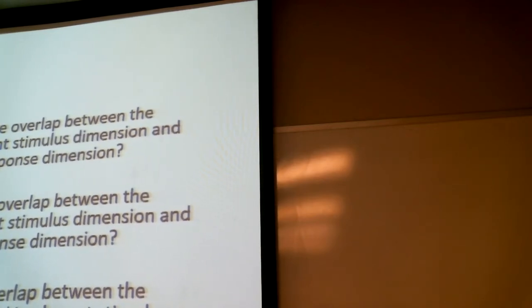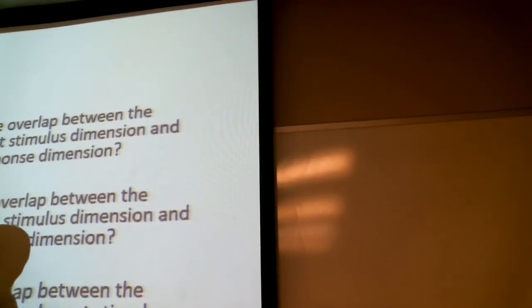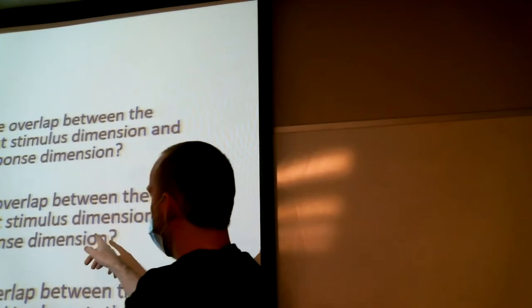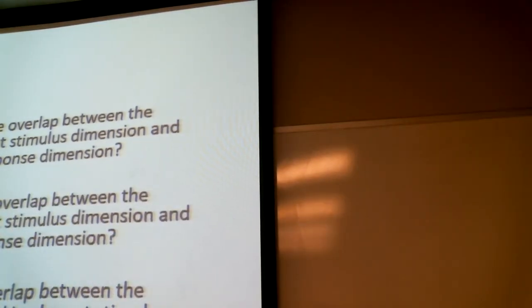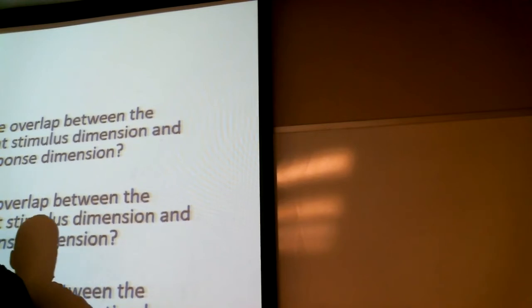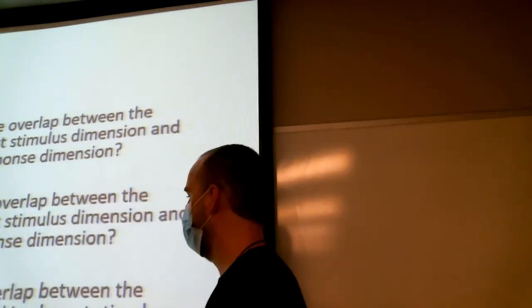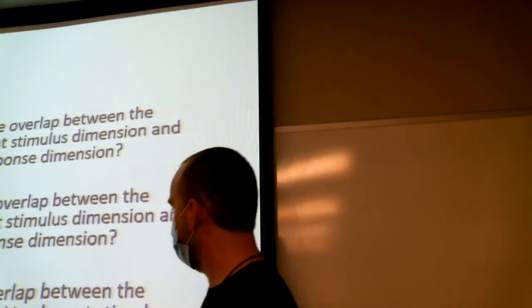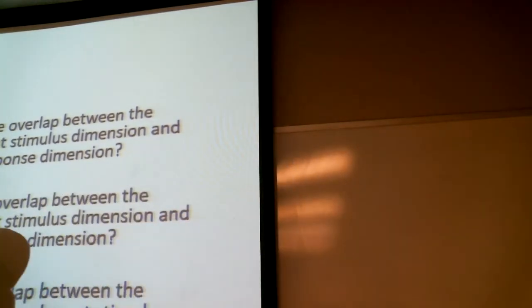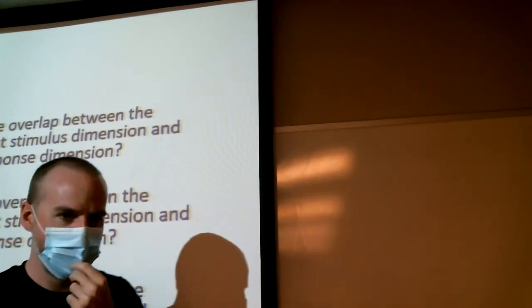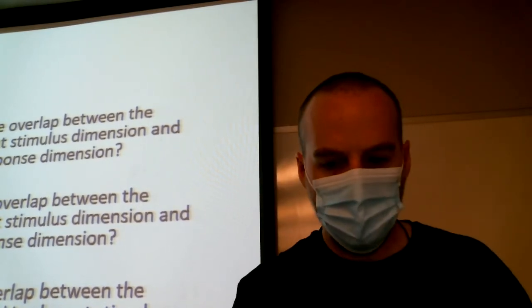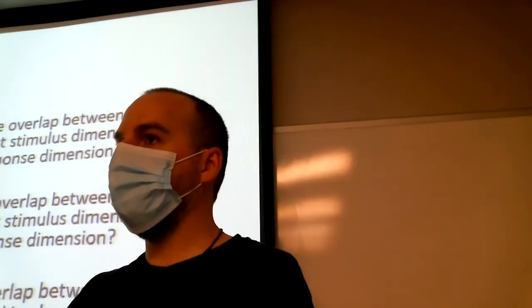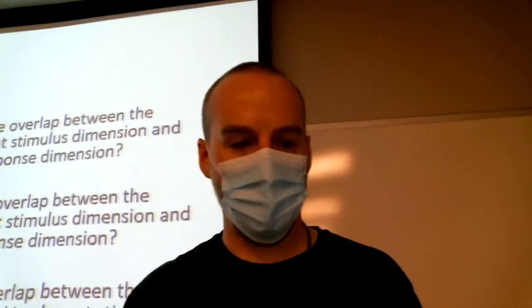Is there overlap between the relevant stimulus dimension and the response dimension? No, because this is a letter, this is a left or right response. Those are distinct things. Is there overlap between the irrelevant and relevant stimulus dimensions? Yes, because they're both letters. That's what they share in common. So it's a very specific theoretical construct to explain why one condition is harder than the other.